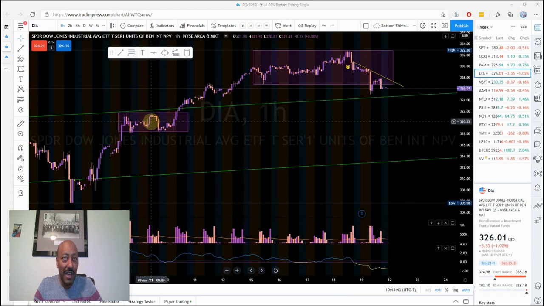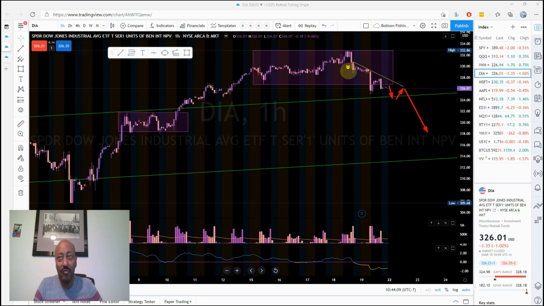So is it accumulation, reaccumulation, or a distribution? If price does this, and then it comes here, doesn't close above here, and then does this, then this was a distribution.